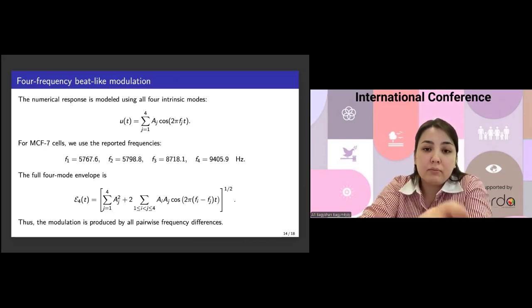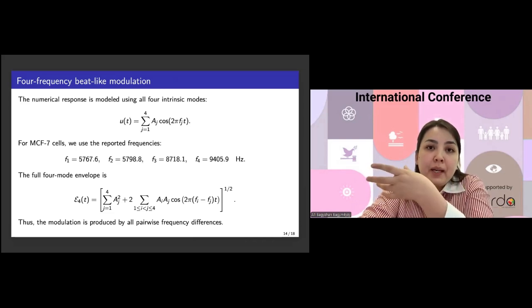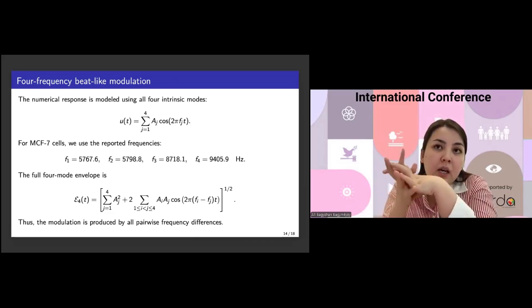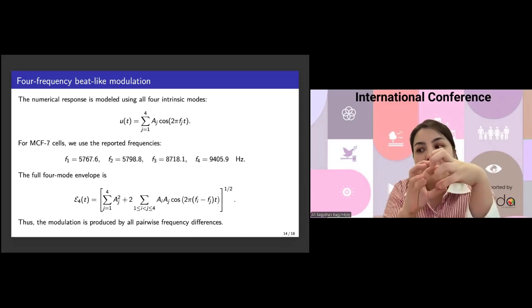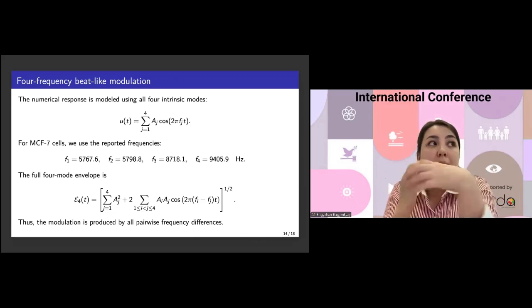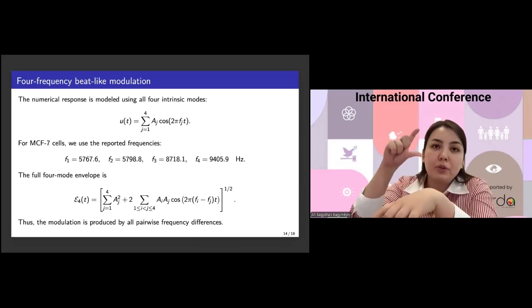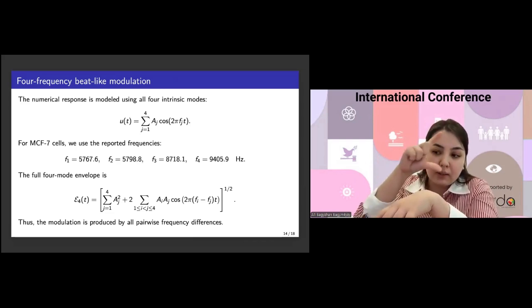It is produced by 4 frequencies, and when several frequencies are present, their interaction can produce amplitude modulation.